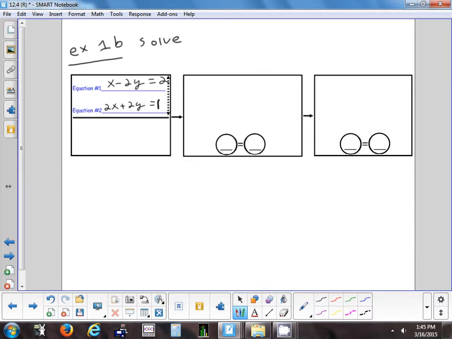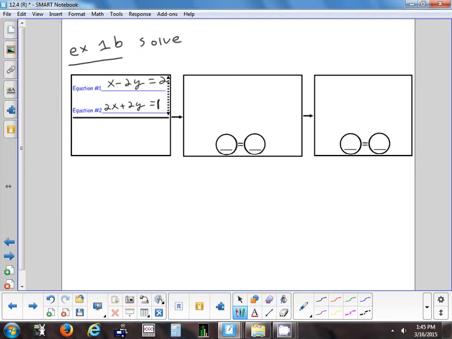So the stuff we do tomorrow and the stuff that we do on Wednesday, you're going to have to use some multiplication. You're going to have to distribute something to get same number, same letter, different sign, different variable. Today we don't have to. That's one type of problem that you'll have for elimination, where it's pretty much set up.